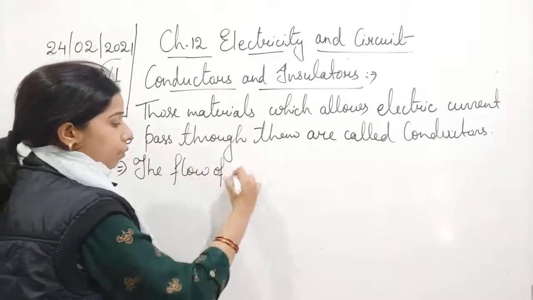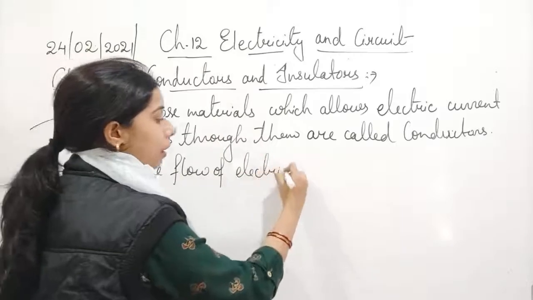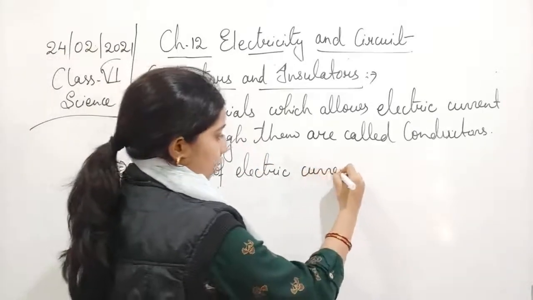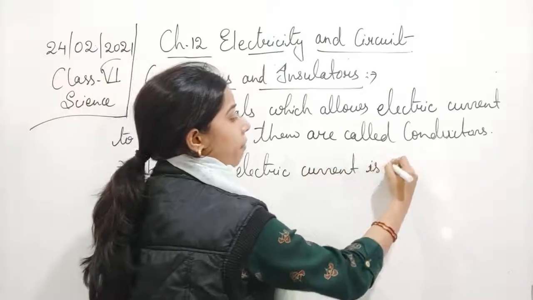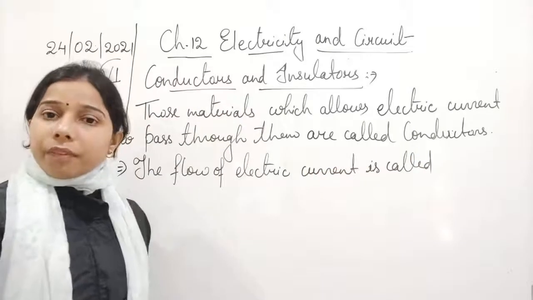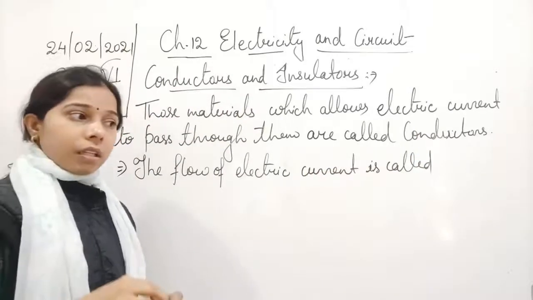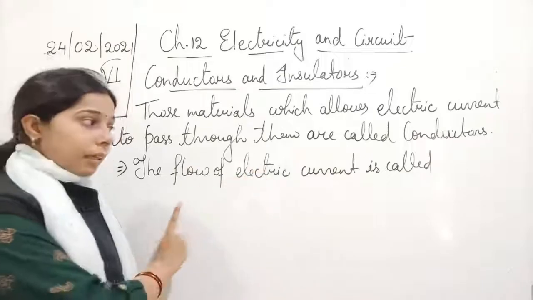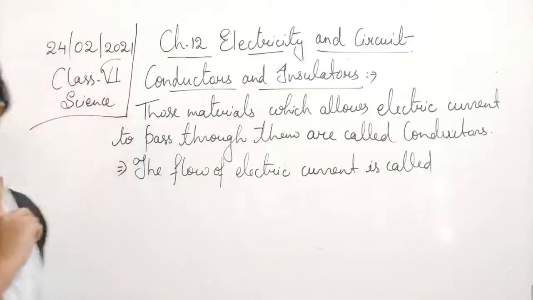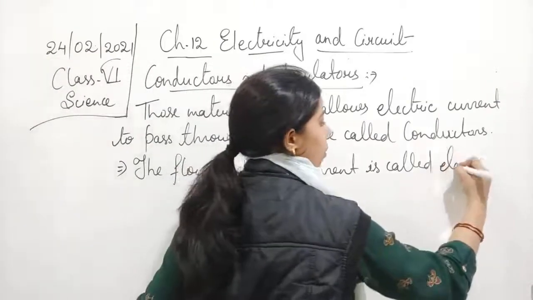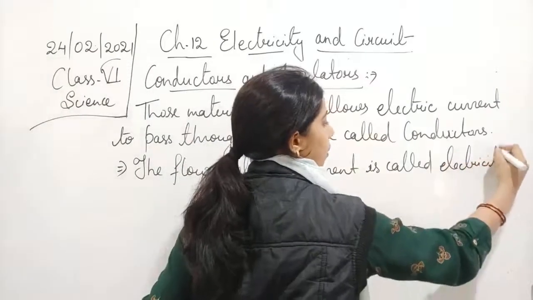The flow of electric current is called electricity. So, whenever it is asked what you understand by electricity, you will always write that the flowing of the electric current is called electricity.